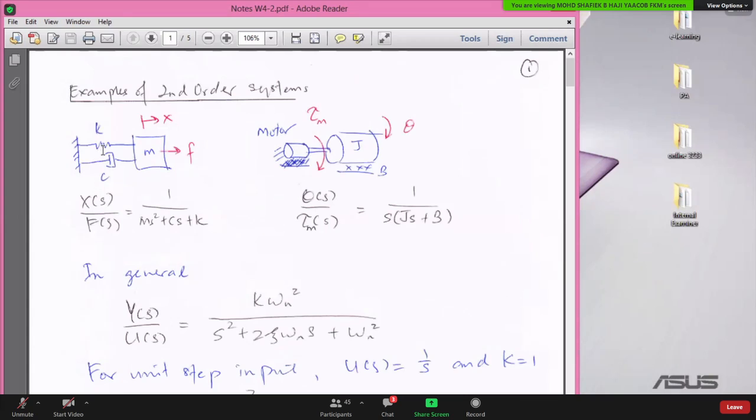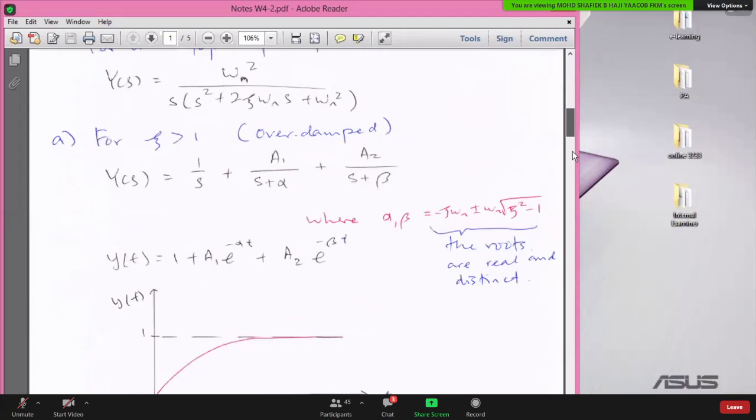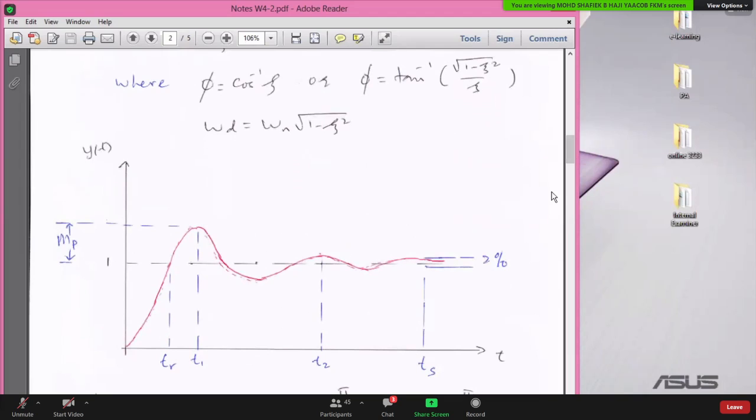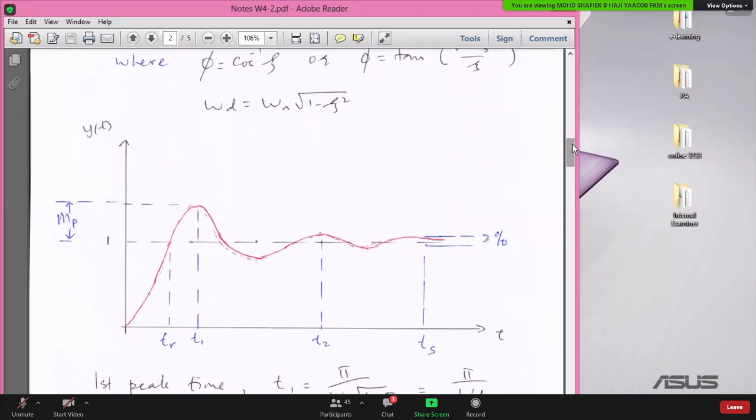But if the damping is small, and of course when you apply a force here, sometimes a step force or whatever, it's going to oscillate, and then it's going to stop at its final value. So in general, when zeta is less than 1, you're going to have some form of oscillation, and the whole thing is multiplied by some exponential function.